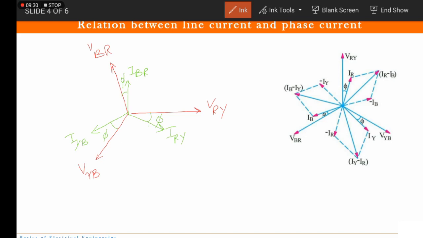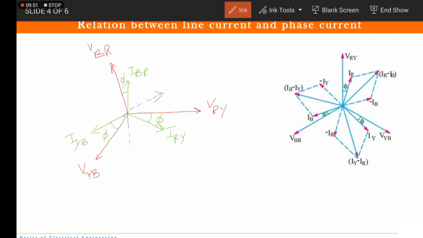Right? Now what we are going to do is, earlier we used to extend the voltage phasor, but here we are going to extend the current phasor because now we are talking about the current, right? So here I am going to extend this.